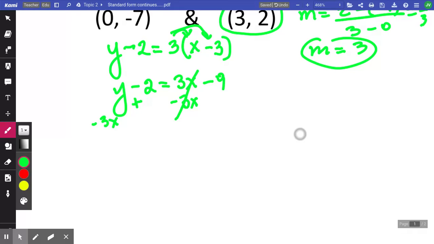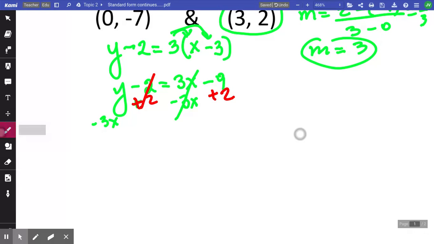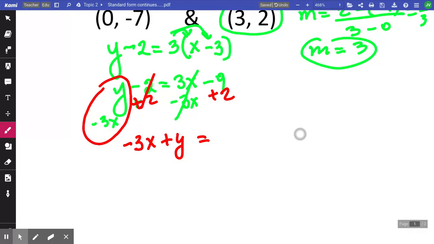So if I add 2 here, and I do the same to the other side, plus 2 there, I've canceled that 2 as well. So let me see what I have left, okay? On the left side, I have negative 3x plus y equals. On the right side, I have negative 7.